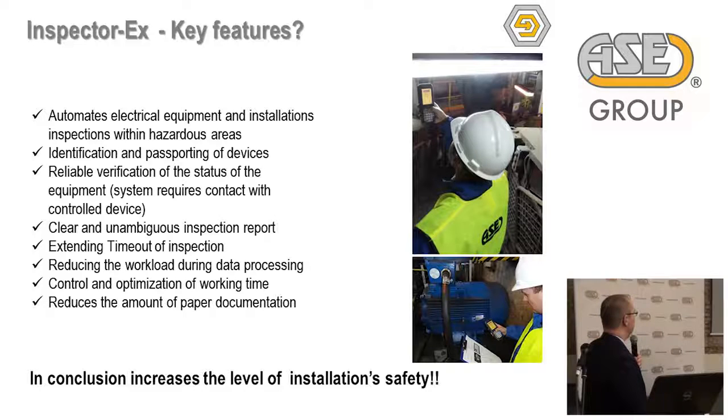The system requires contact with the controlled devices. Clear and unambiguous inspection report. What is important, extending the timeout of inspection according to the standards. Reducing the workload during data processing, optimization of working time, and of course, it's possible to reduce the amount of paper documentation because a lot of things we do in the electronic version.